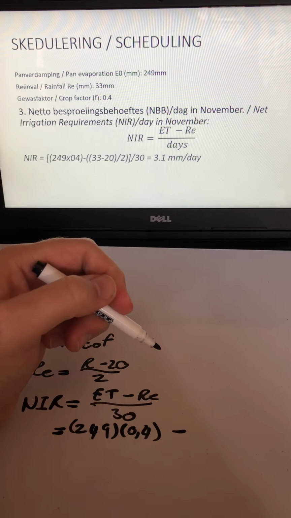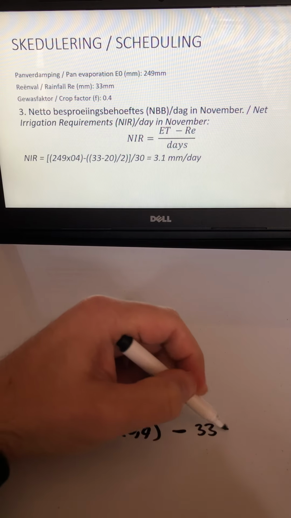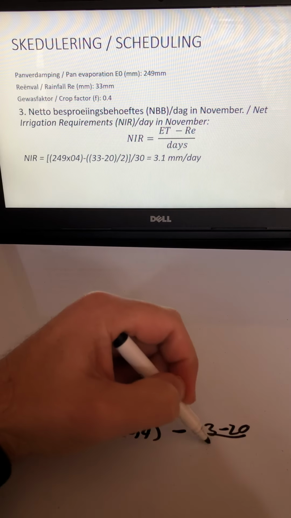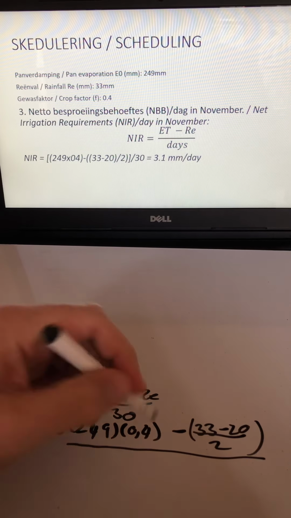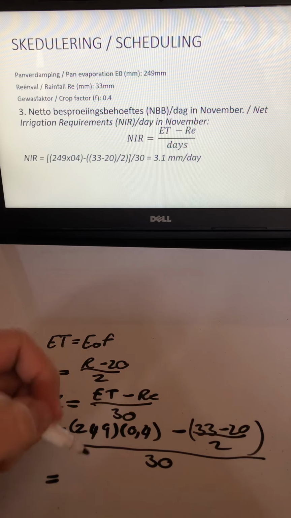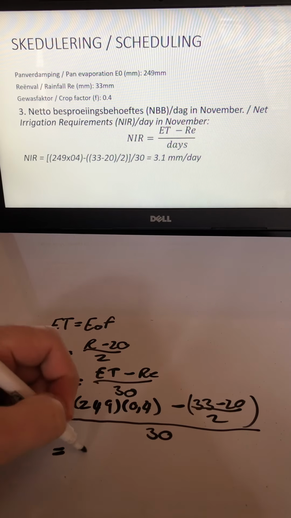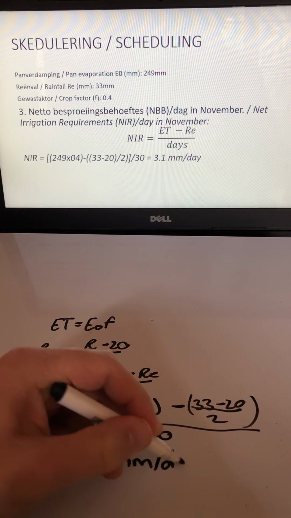So that would be your rainfall, which is 33 minus 20 divided by 2, and you put that over the amount of days in the month. So per day in November, your answer would be 3.1 millimeters per day.